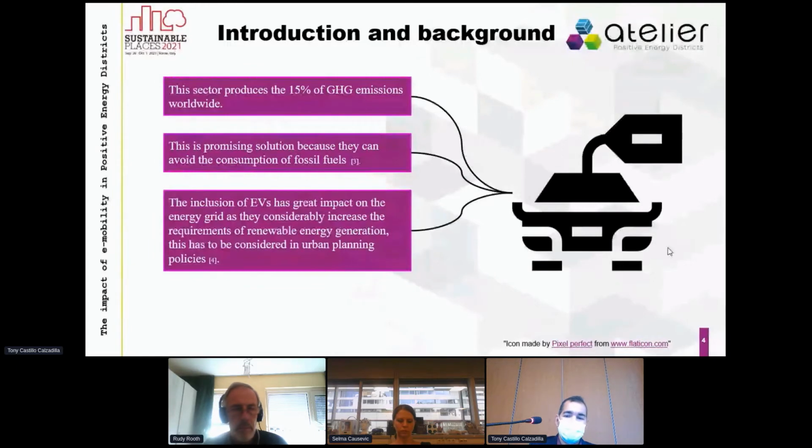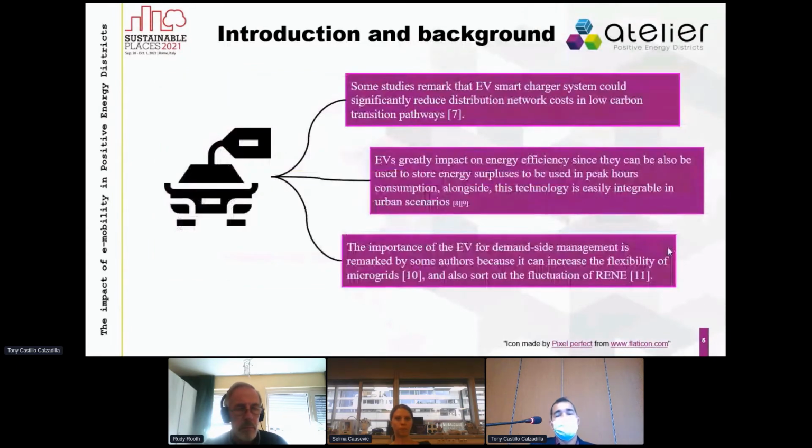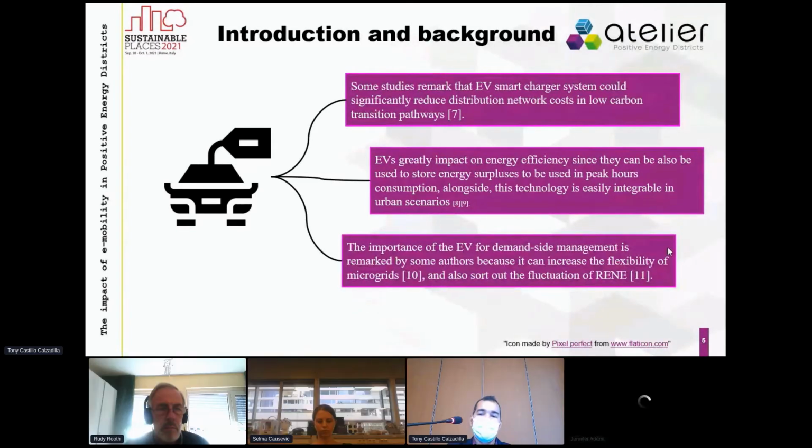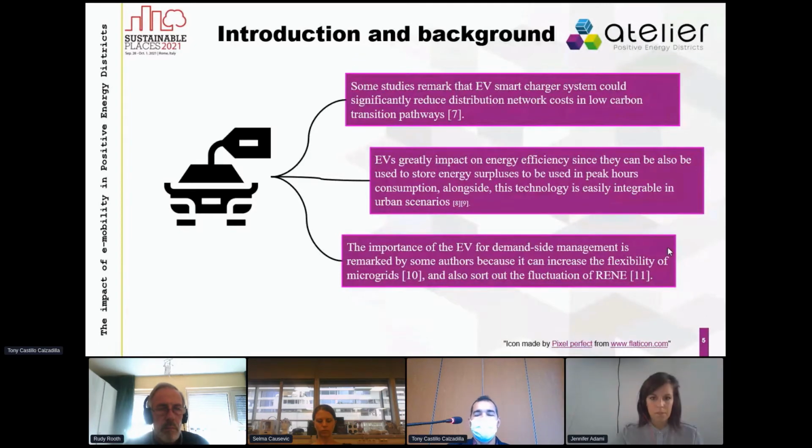So, some studies remark that electric vehicle smart charge systems could significantly reduce distribution network costs in low carbon transmission pathways. Electric vehicles greatly impact energy efficiency since they can also be used as batteries and can help to smooth peak hours consumption.